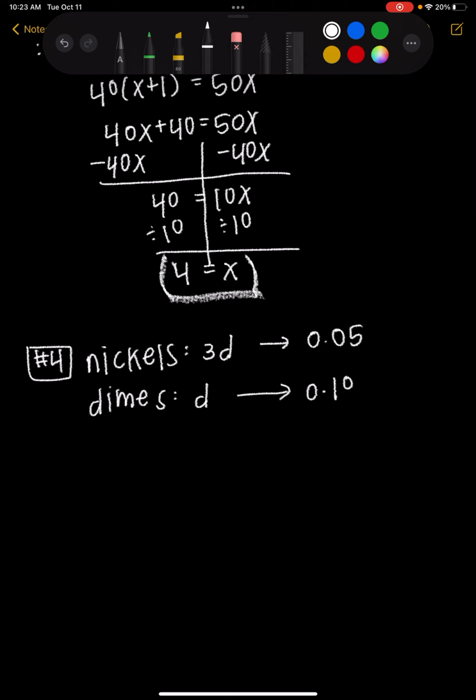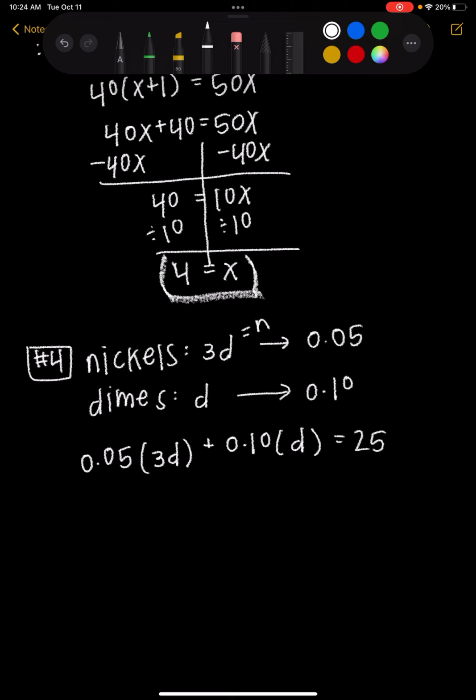So what I can do is say 0.05 times my nickels, but my nickels are 3D, right? Because 3D is equal to N, because I know it's 3 times the dimes, plus 0.10 times just regular D, because that's my dimes, is equal to the $25.